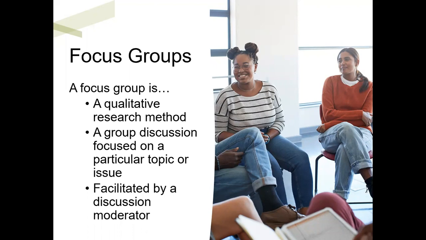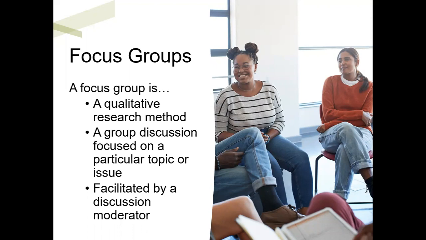So it's a discussion focused on a particular topic or issue. Many times you handpick the participants, whereas with a survey and a quantitative method, we're hoping everybody in the group will participate, and many times it's anonymous who's participating. So we don't even know, but we hope we've targeted the right population. We might handpick people in focus groups.